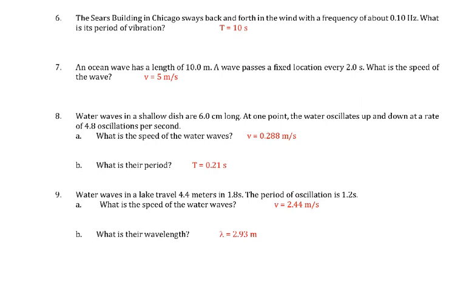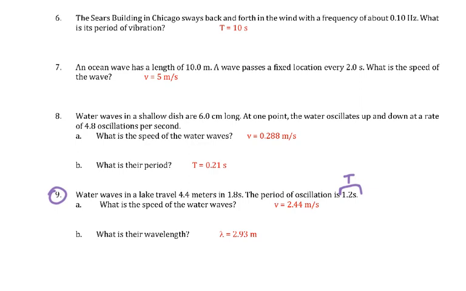Sometimes there's some confusion about what's the difference between a distance and a wavelength, and a time and a period. So let's look at number 9 for that. This problem tells us that water waves in a lake travel 4.4 meters in 1.8 seconds, and the period of oscillation is 1.2 seconds. So we know that this is going to be our capital T, 1.2 seconds.